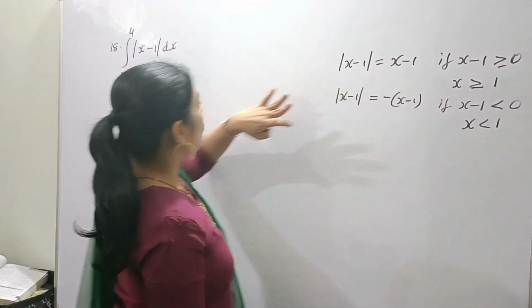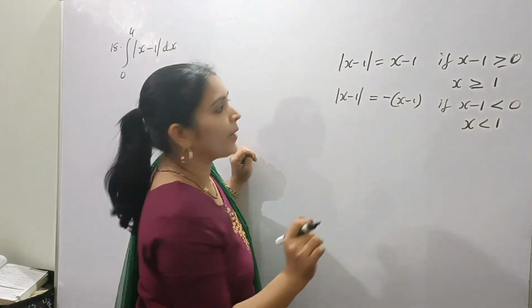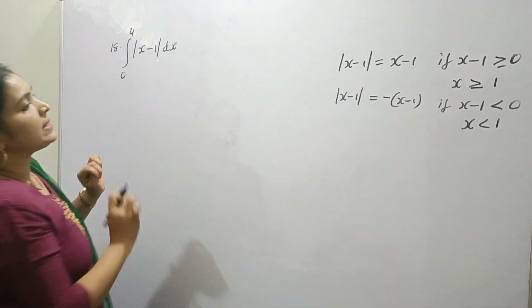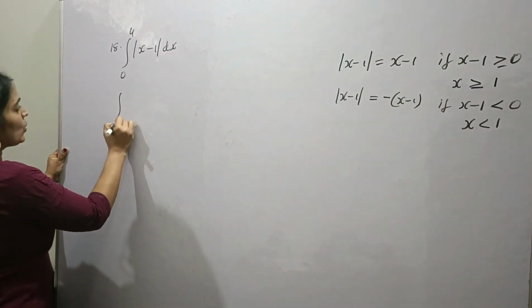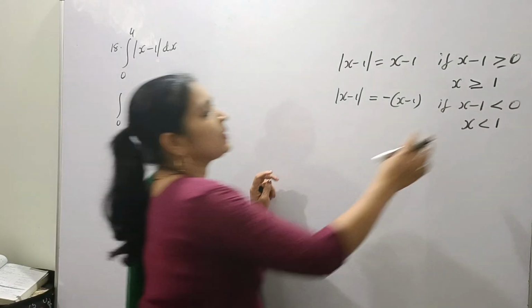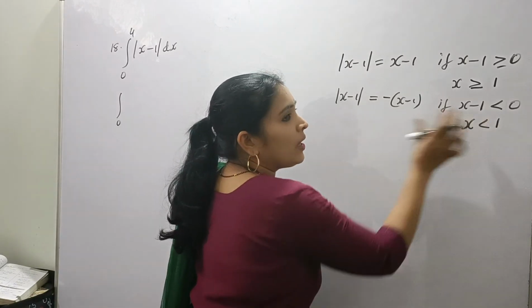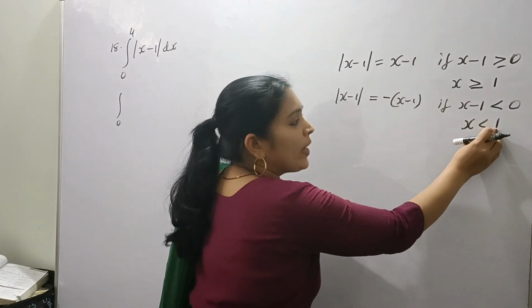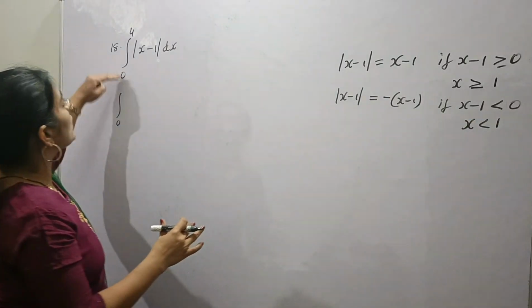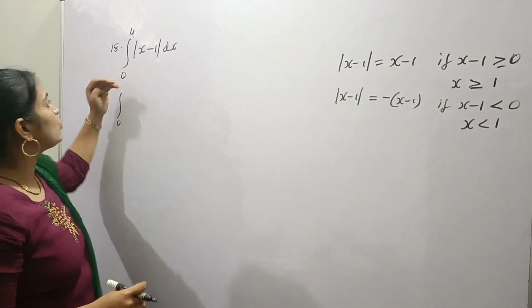So here what is our c? c is 1. Just confirm that 1 is in between 0 and 4. Okay, 1 is between 0 and 4.